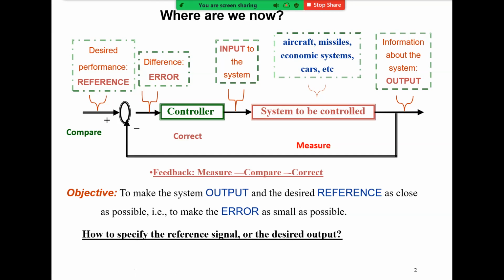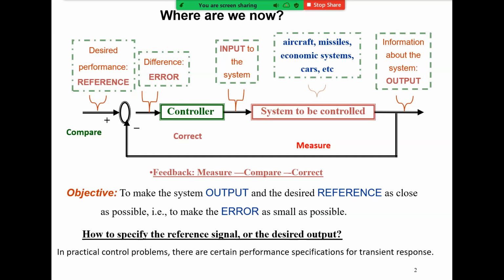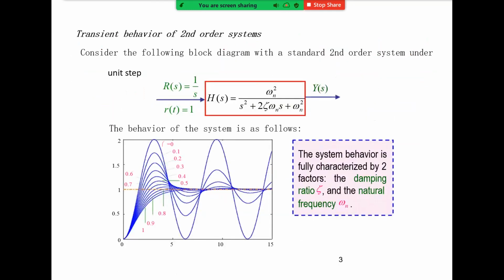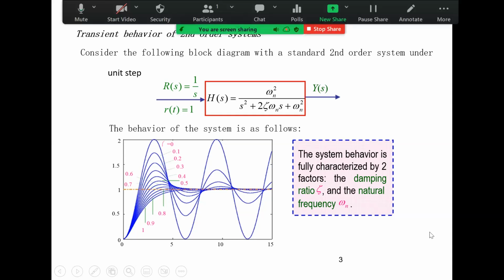Then there are a number of questions. The first one is, how are we going to specify the reference signal with the desired output? In practical control problems, normally you will be given some performance requirements you want the system to satisfy. Because we have perfect knowledge about the step response of a second order system, a very common practice is that we use this second order model as the reference model.